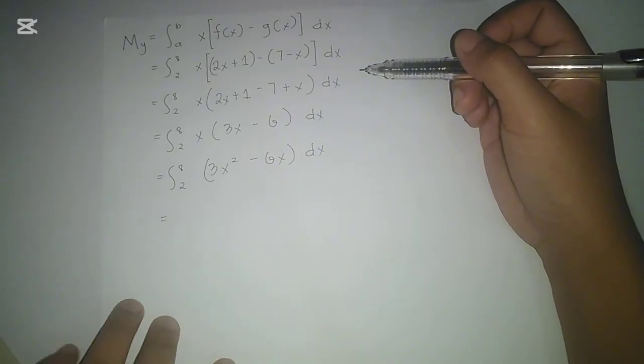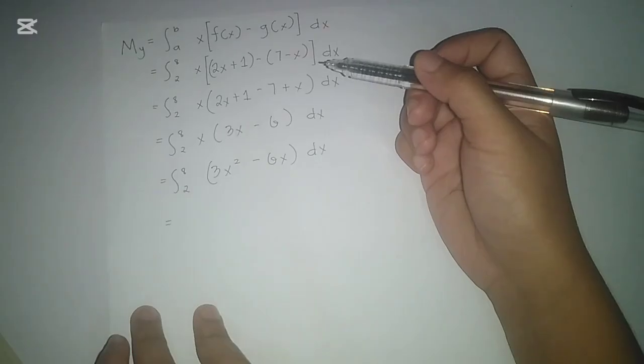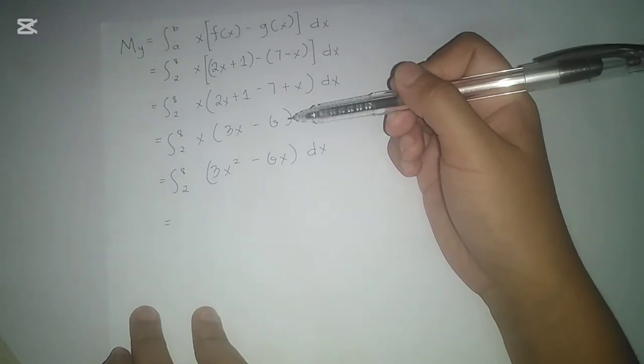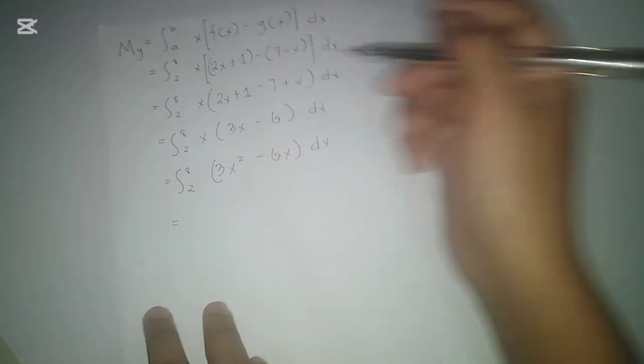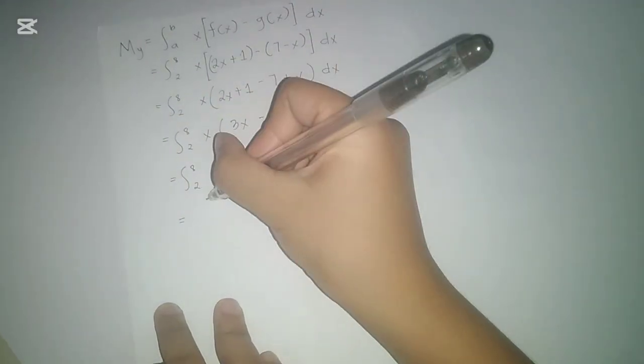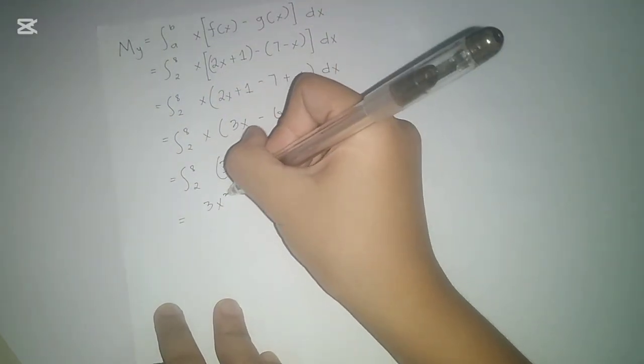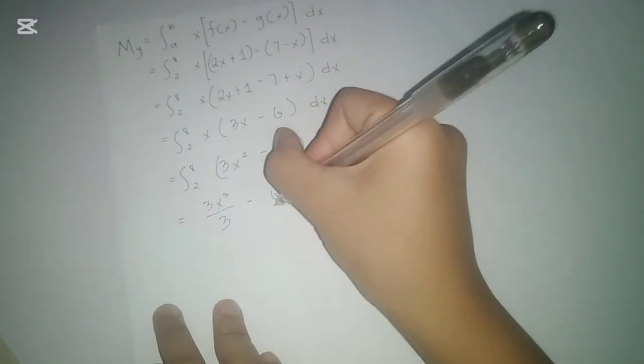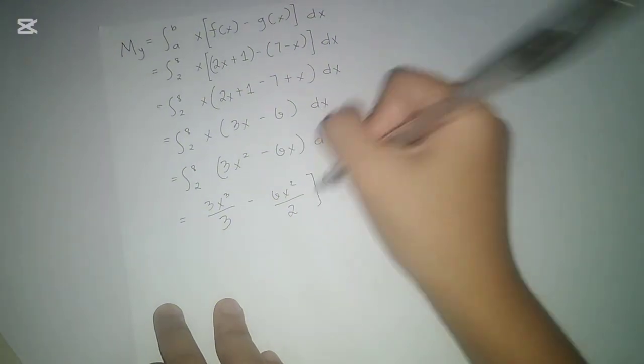What are we going to do now? Since it has an exponent, we need to add 1, and the value after adding 1 is also our denominator. So 3x squared will become 3x cubed over 3 minus 6x squared over 2, evaluated from 2 to 8.